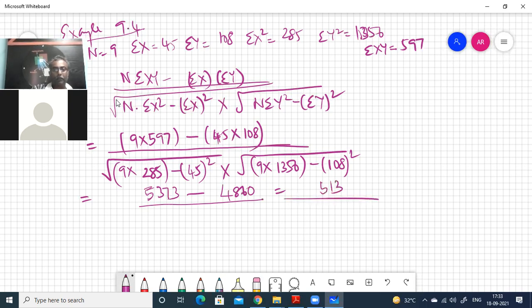Okay, lower values you tell now. 9 into 285 is 2,565. 45 squared is 2025.